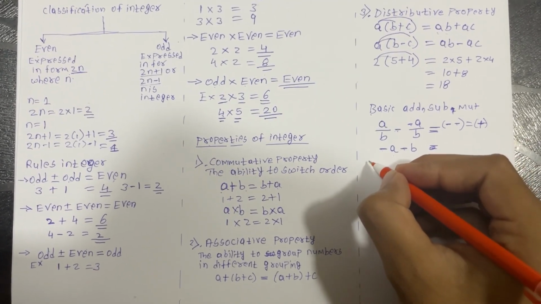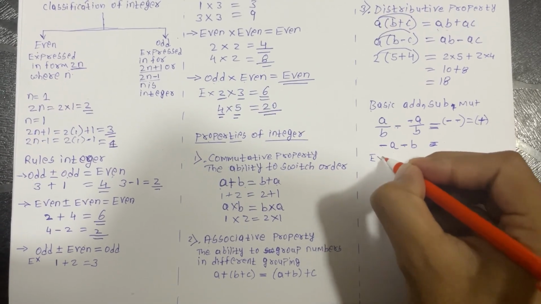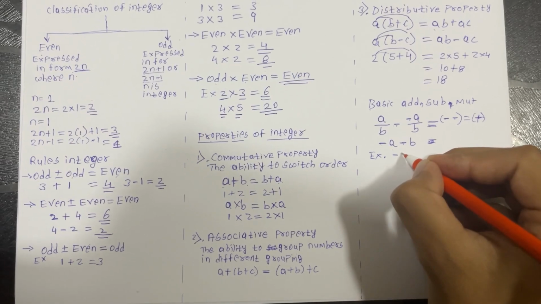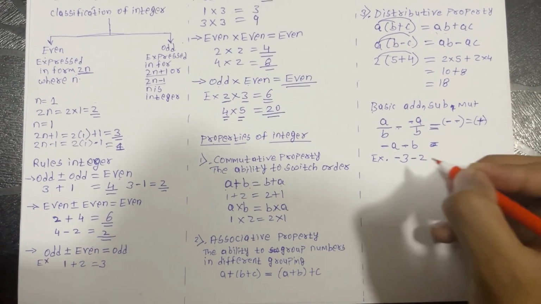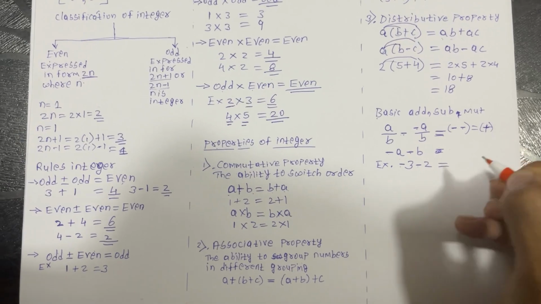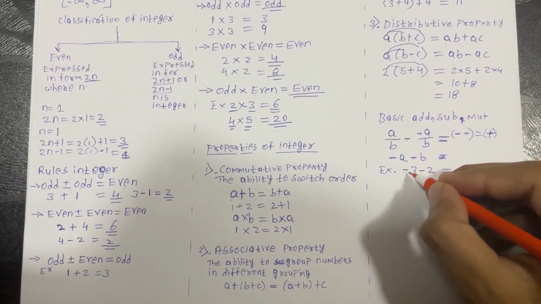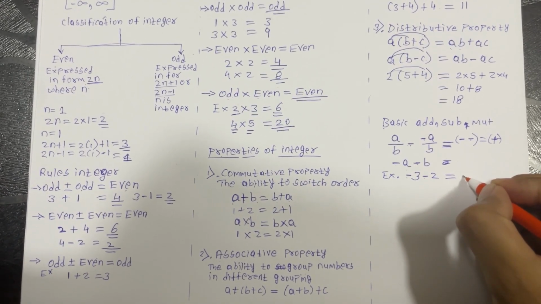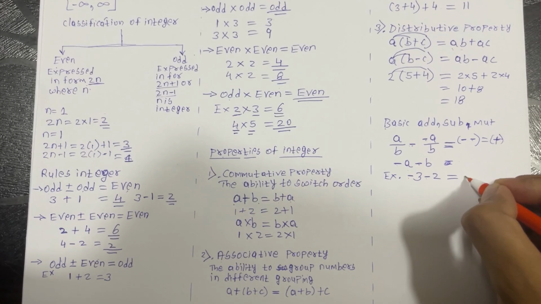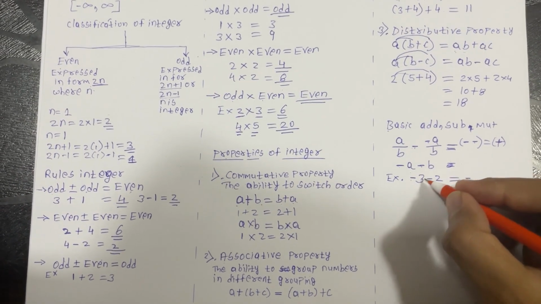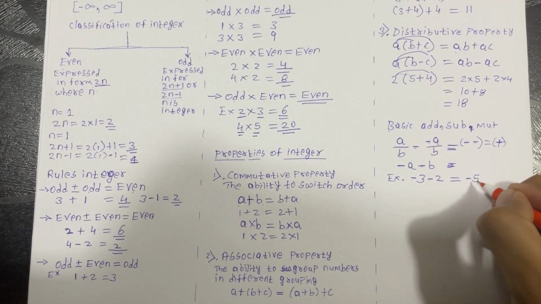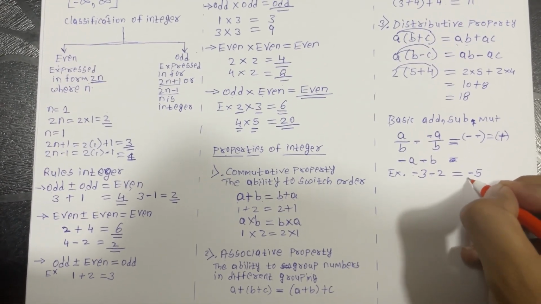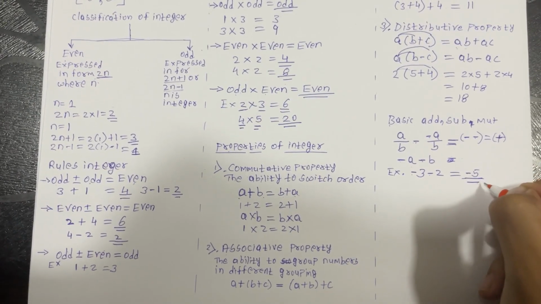Let's look at this with example. For example, if minus 3 to minus 2, then minus into minus will be plus, but the sign will be of 3. So 3 is having a negative sign. Okay, so minus 3 into minus 2 is 5. We will add this first, 5, and then we will have minus sign of the bigger number, that is 3.